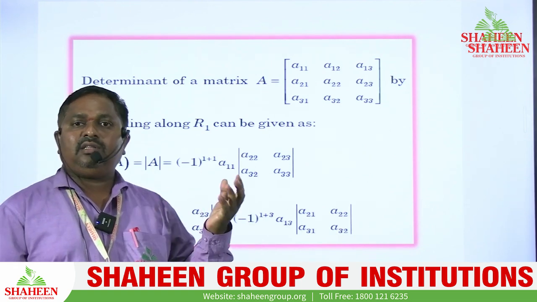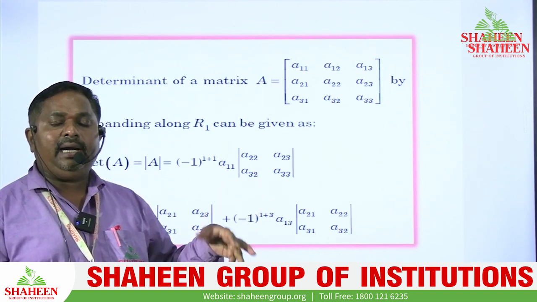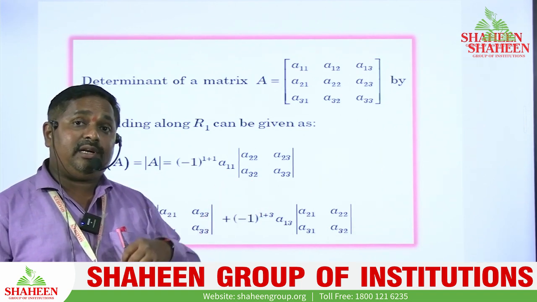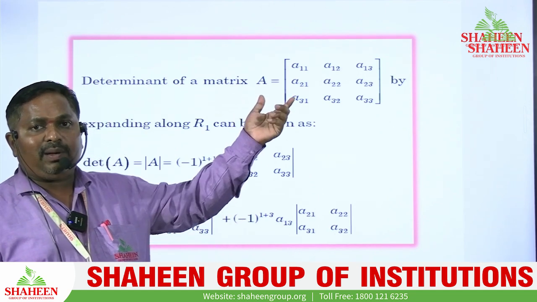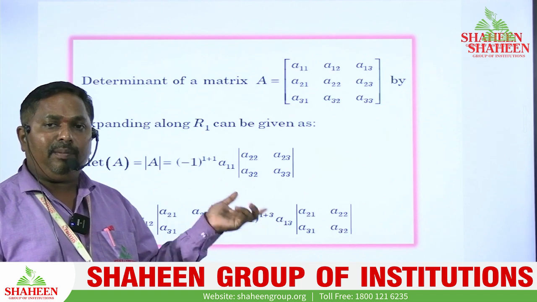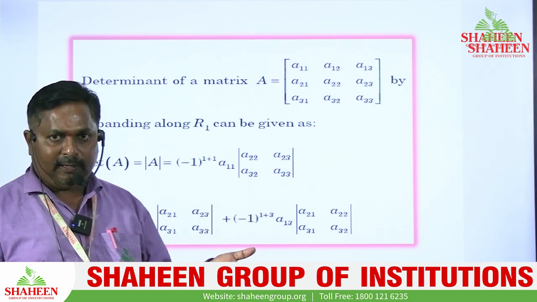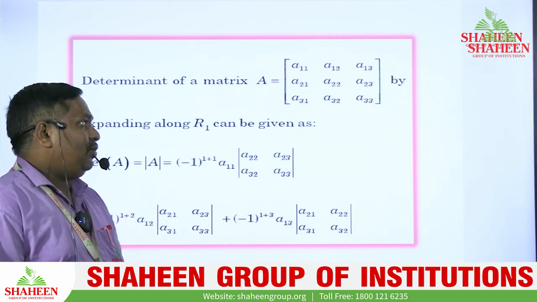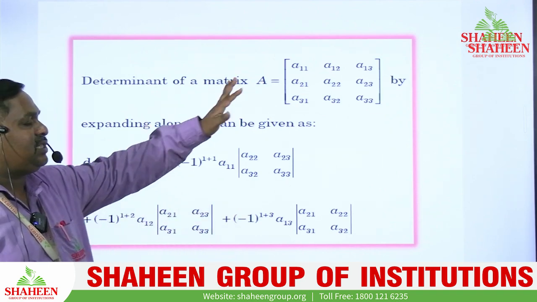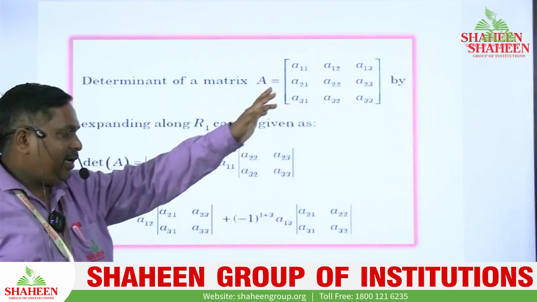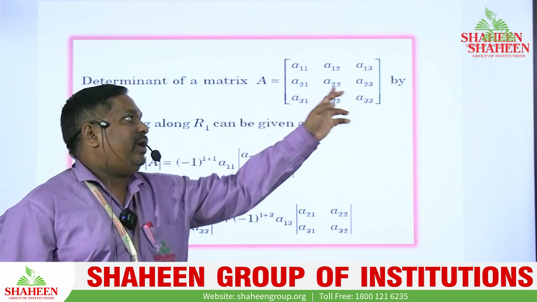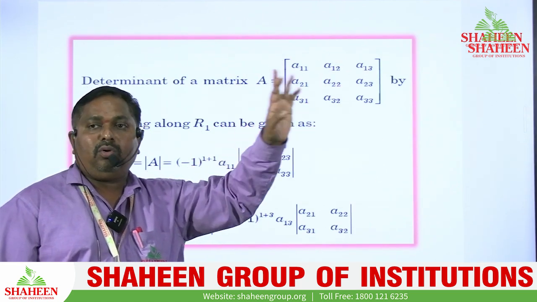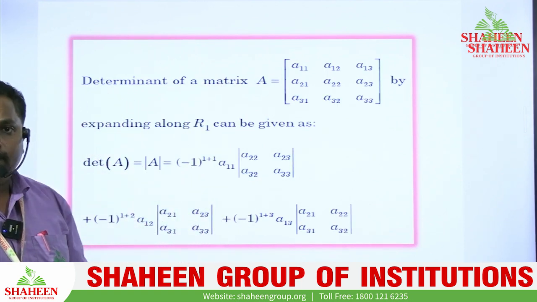Let us consider the first row of this matrix to find the determinant. We can consider any row or any column of the matrix. I will explain by taking the first row, and for the remaining I will tell you how to change the formula. When we are finding the determinant of this matrix A, it is denoted by det A or determinant of A, and in place of this square bracket we are taking the modulus symbol or determinant symbol to the matrix.